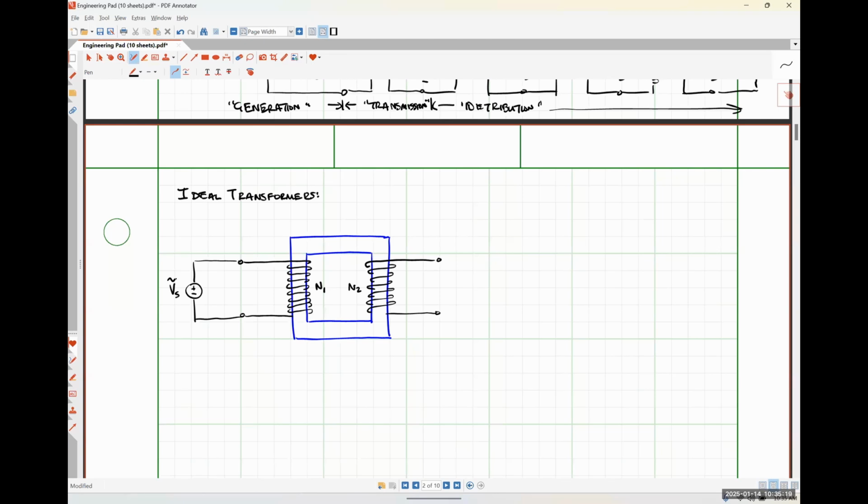Okay. So let's talk about a couple of quick things here. Across these terminals, I'm going to have some voltage V1. And this is what is commonly referred to as my primary voltage. So I'm going to make a quick note of that.